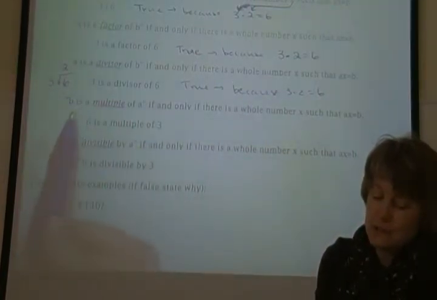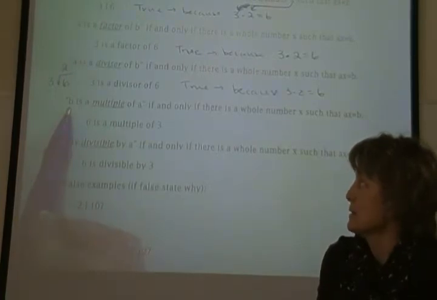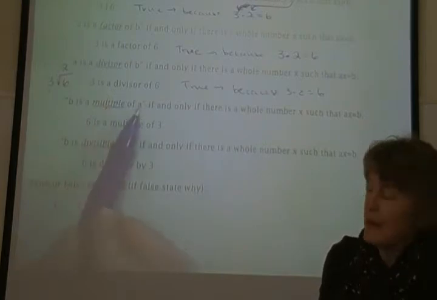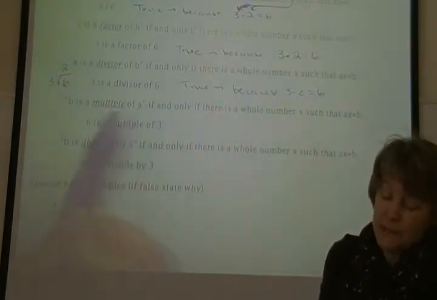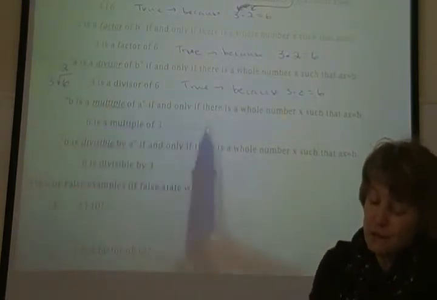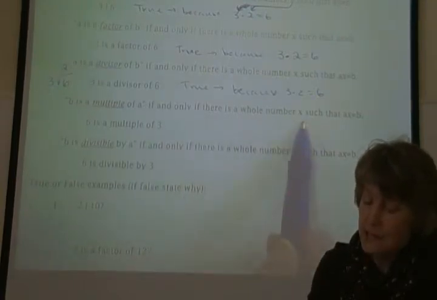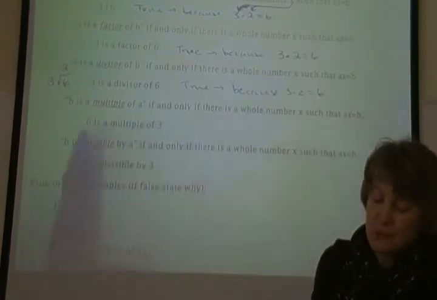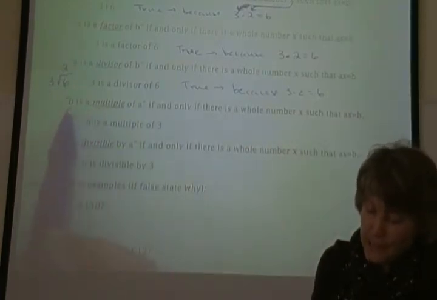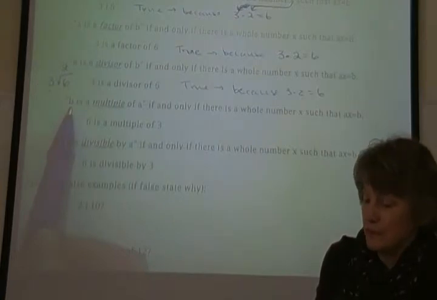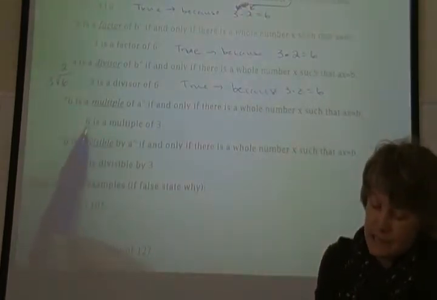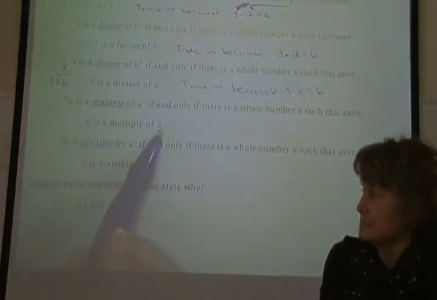So now we're switching gears and we're starting with the B number. And so our vocabulary is a little different. B is a multiple of A. Well, B is a multiple of A if and only if there's a whole number x such that A times x equals B. So again, B is going to be the larger number because you're multiplying two numbers to get to B. 6 is a multiple of 3.